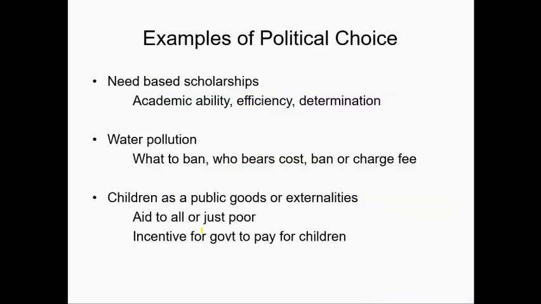The book talks about some examples of political choice. These would be interesting to follow up on. For example, looking at need-based scholarships, what are the consequences there? If you provide scholarships for people based on need, what does that have to do with finishing college?